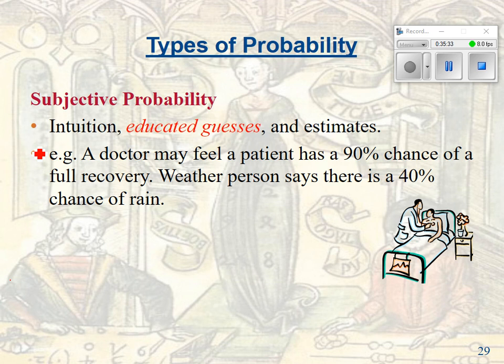The last kind of probability, subjective probability, is what doctors use, and I hate this, but it's saying use an educated guess. It's not really a guess, all right? If you go to a doctor and they're guessing on what you have, but it's educated.